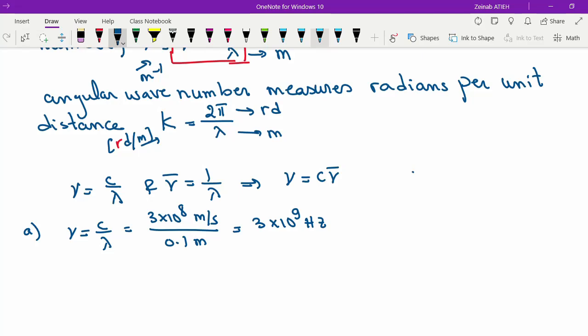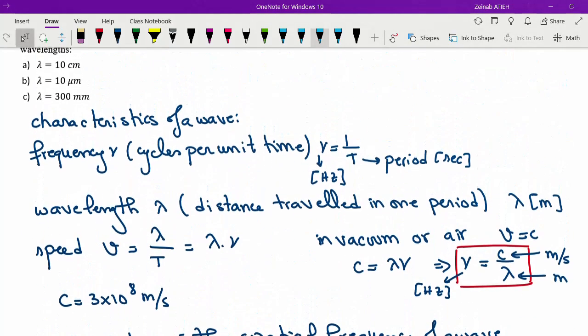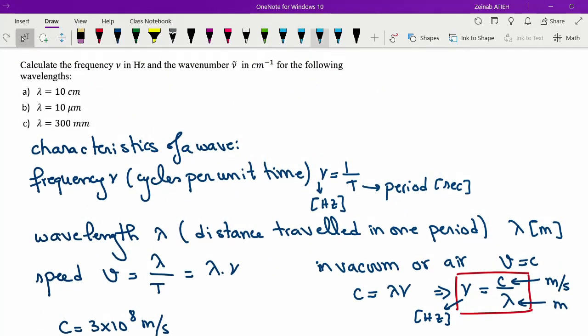Now how to calculate nu bar? You can either use the formula 1 over lambda or the formula nu over c. Both of them are correct. But just going back to the question, I can note that he was asking me to find the wave number in centimeter minus 1 and not in meter minus 1.